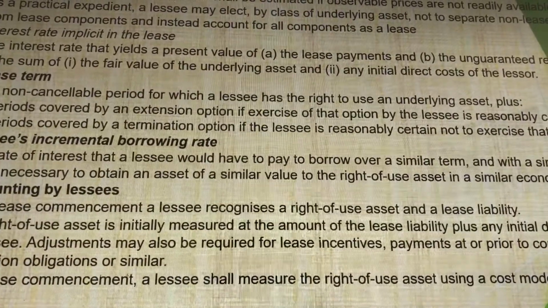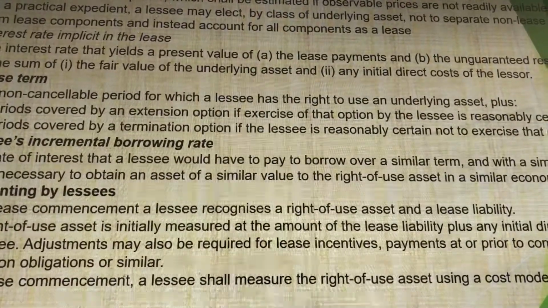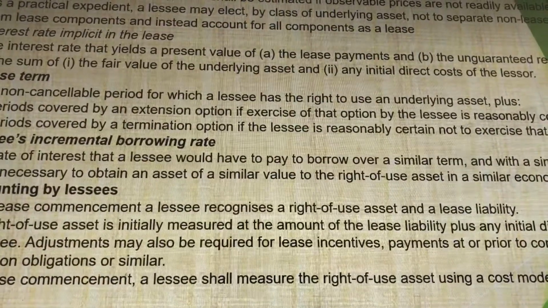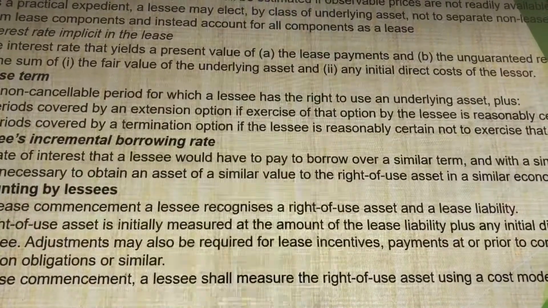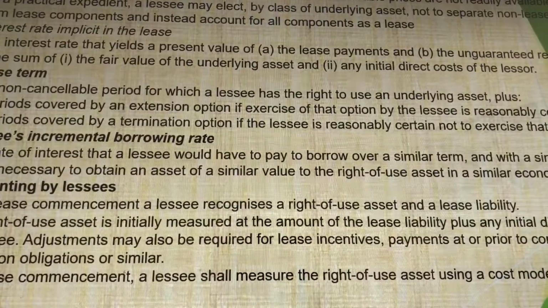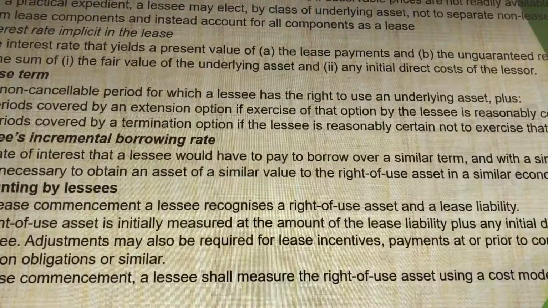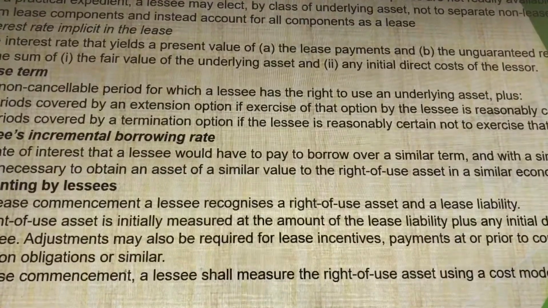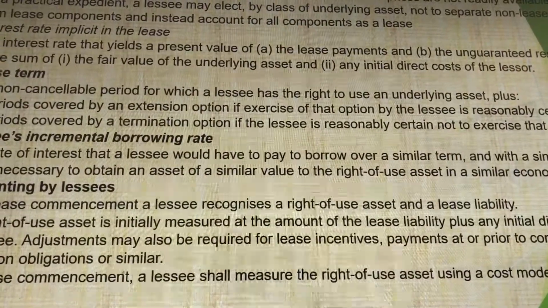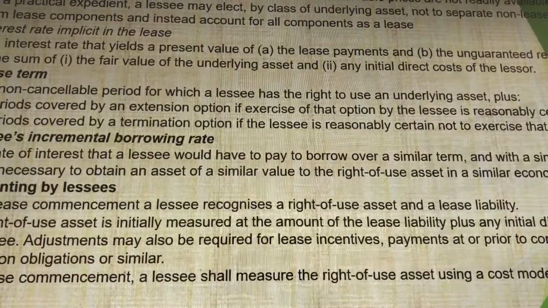The lease term is the non-cancelable period for which a lessee has the right to use an underlying asset, plus the period covered by an extension option if exercise of that option by the lessee is reasonably certain, and the period covered by a termination option if the lessee is reasonably certain not to exercise that option.